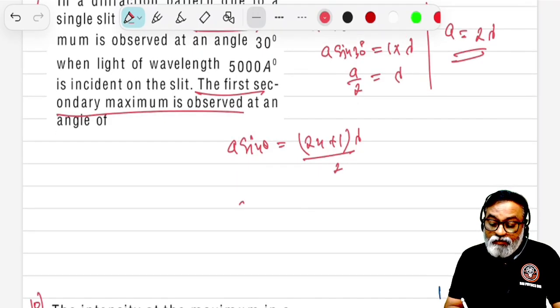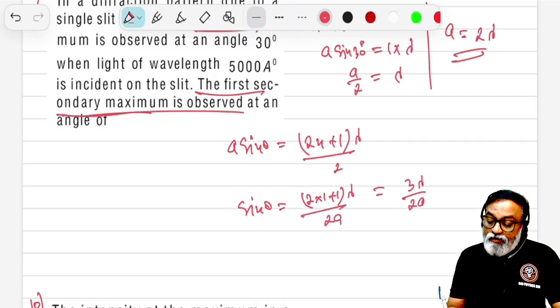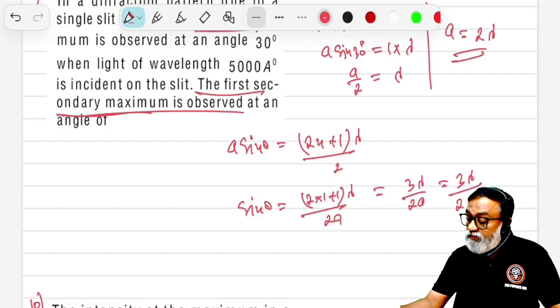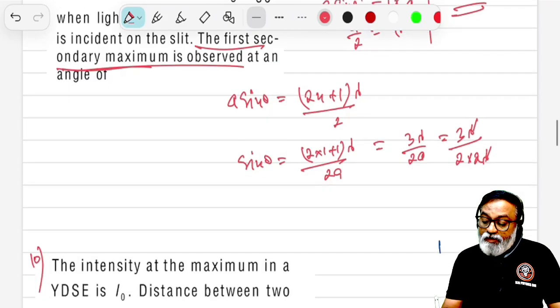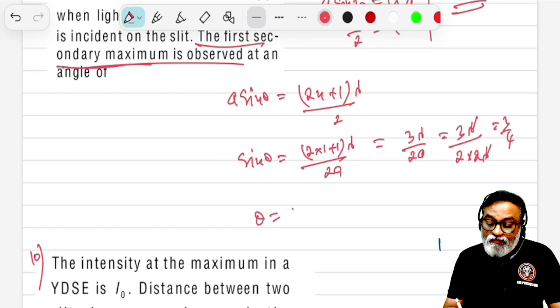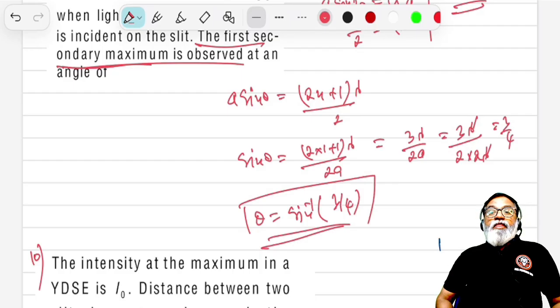This becomes sin theta is equal to, here for first secondary maximum n is 1, (2 into 1 plus 1) lambda by 2a, that becomes 3 lambda by 2a, that is equal to 3 lambda by 2 into a, which means 2 lambda. Therefore lambda, lambda cancel. Therefore, this becomes 3 by 4. Therefore, theta is equal to sine inverse 3 by 4. This is the angular position of the first secondary maximum.